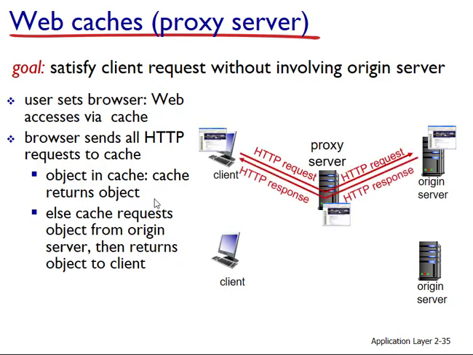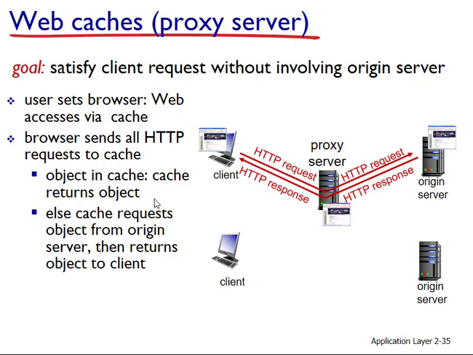You notice there that the client sent a request to the proxy server for a page. Apparently that page did not exist in the proxy server, so it sent a request to the web server that the client was trying to access.